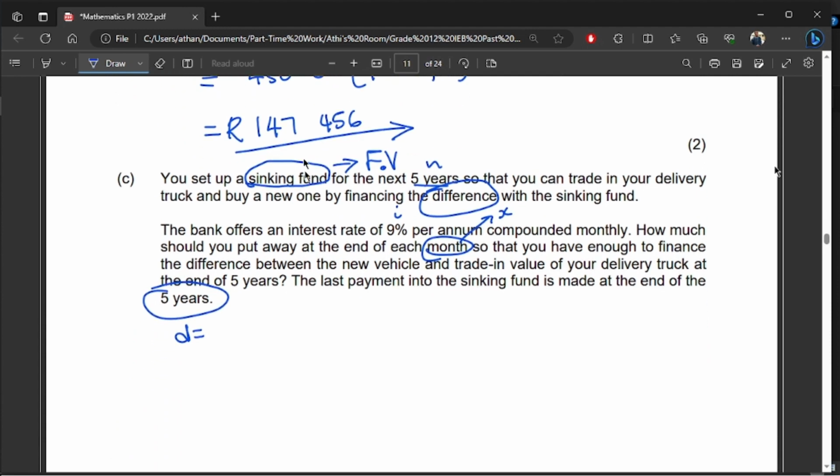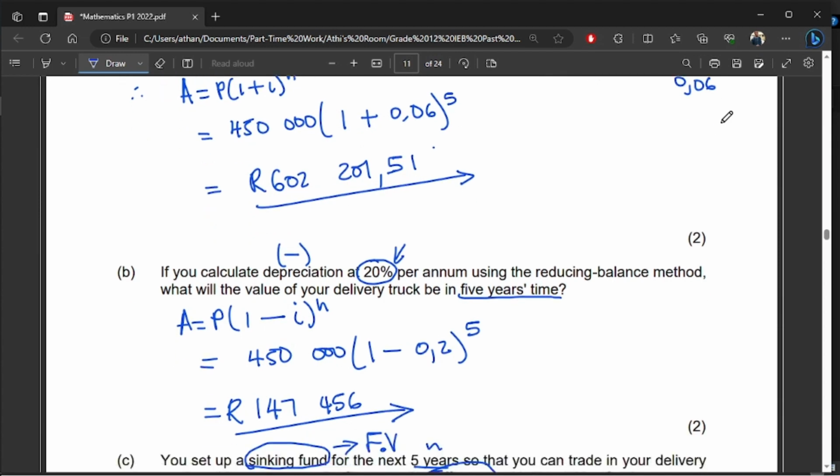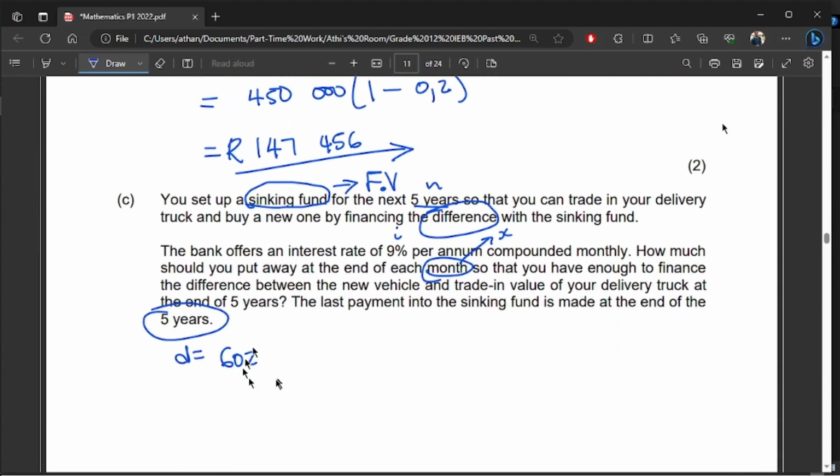So we're looking for the difference between those two numbers. So it's 602,201.51 minus 147,456, and then let's get that difference.